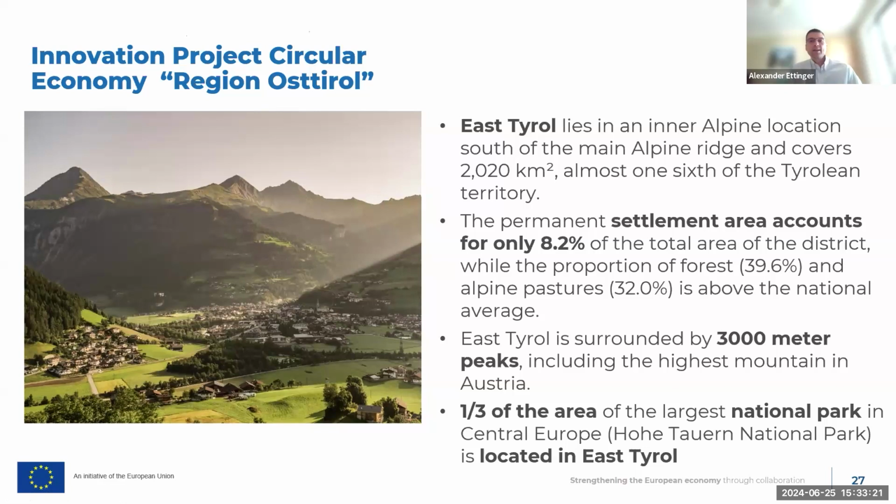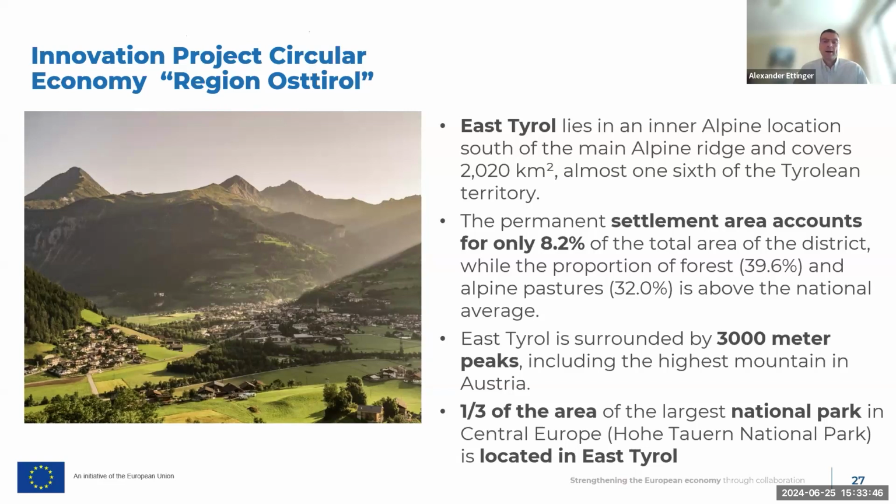East Tyrol lies in an alpine location in the south of the main alpine ridge, and it covers 2,020 square kilometers. The settlement area accounts for only 8.2%. That means a lot of mountain area and just a little space for the people to live there.